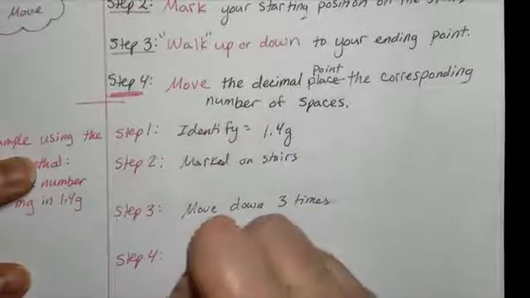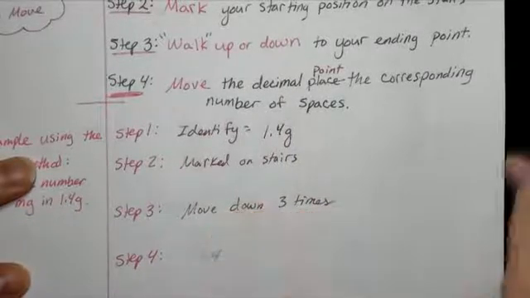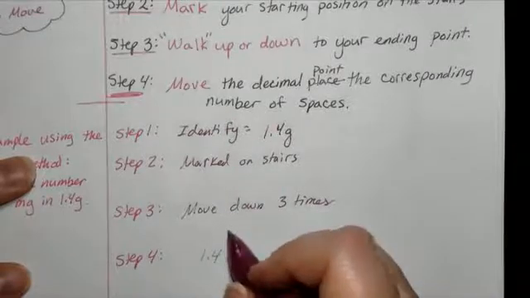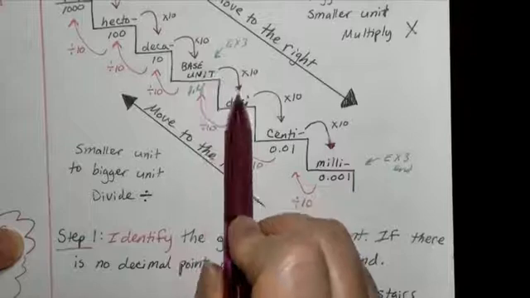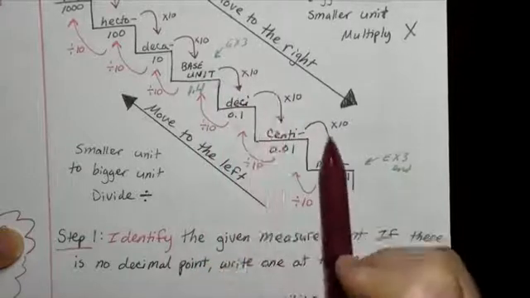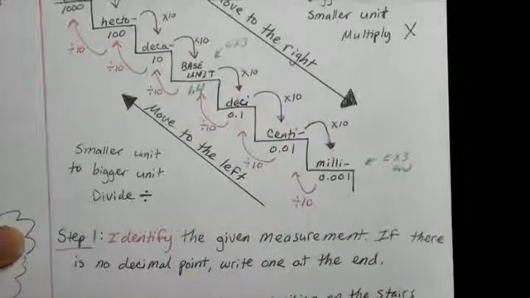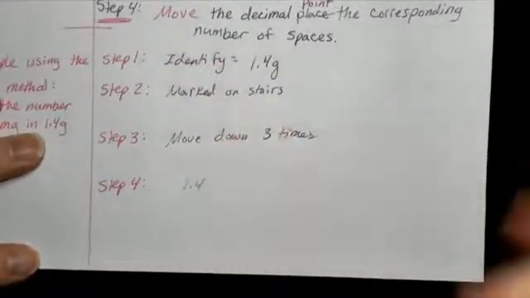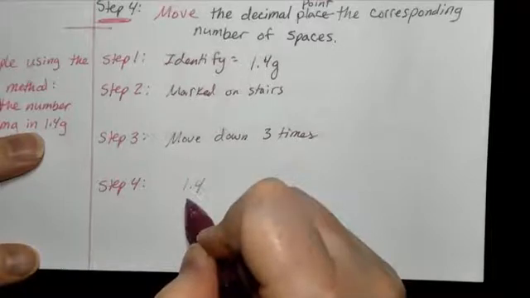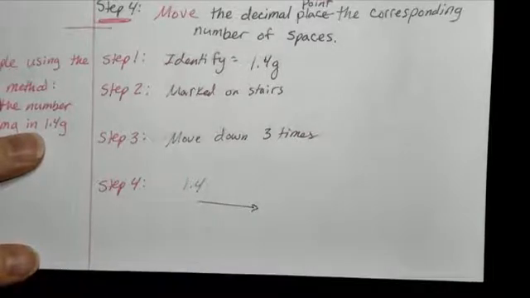So I have my 1.4, and I'm going to move my decimal 3 times. As I go, I'm multiplying by 10, multiplying by 10, multiplying by 10. That means I'm going to move my decimal to the right so that my answer gets bigger because I'm multiplying by 10.